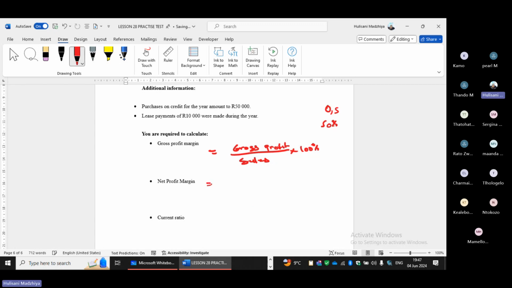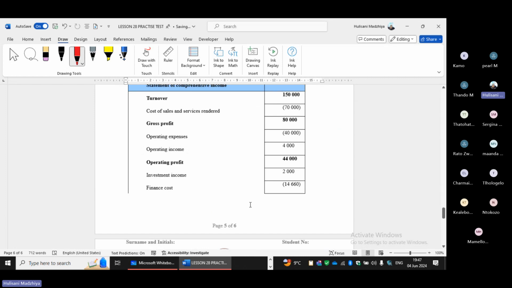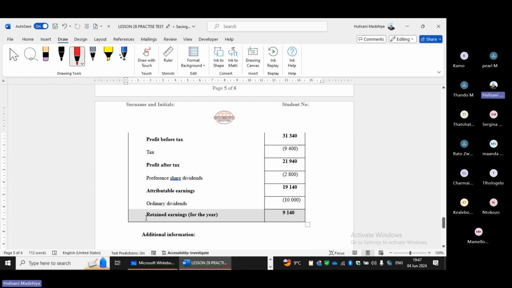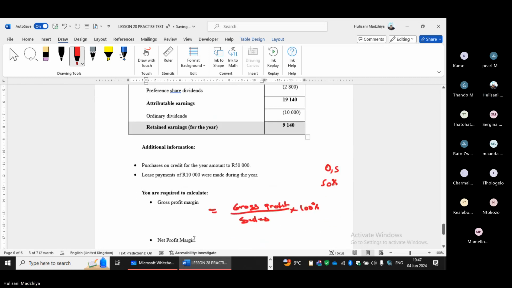Net profit is net profit over turnover, or you can just call this sales, multiplied by 100%. So your final figure will be in percentage format. What you just do is go to your income statement and take your net profit. This is retained earnings, not net profit. Here your net profit is actually profit after tax.